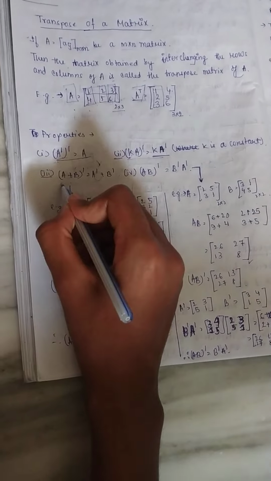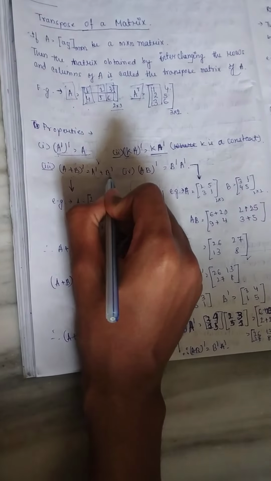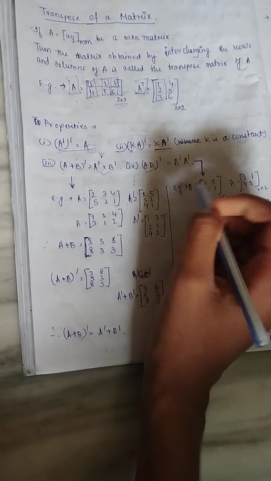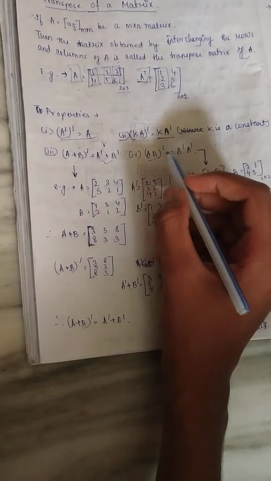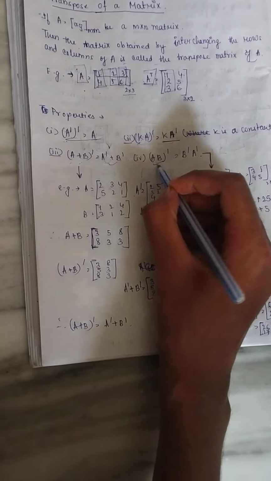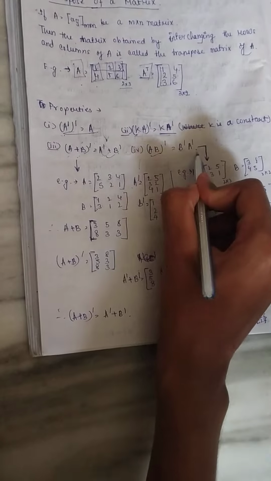Then (A plus B) transpose is equal to A transpose plus B transpose. I will explain this with an example. Before that, I am telling the fourth one also, that is (AB) transpose is equal to B transpose into A transpose.